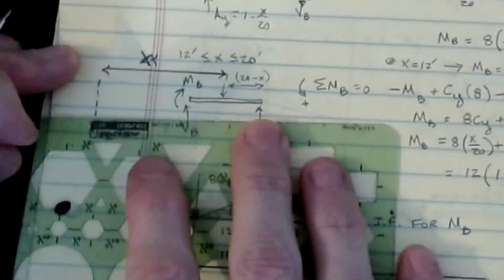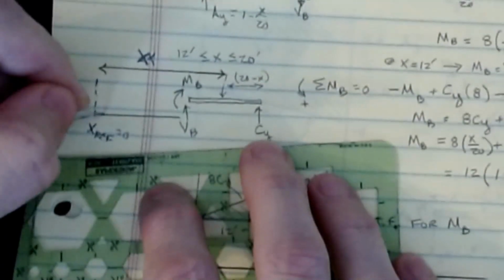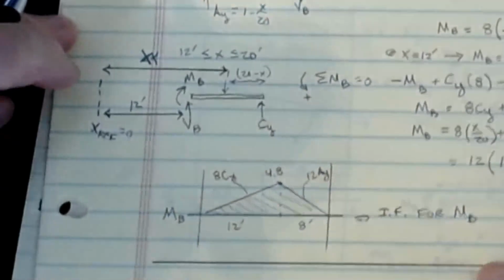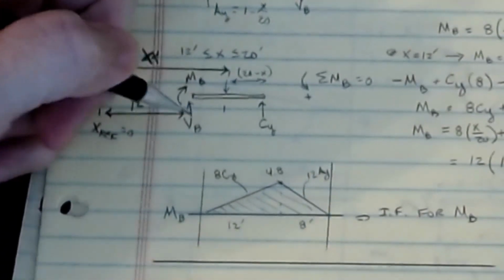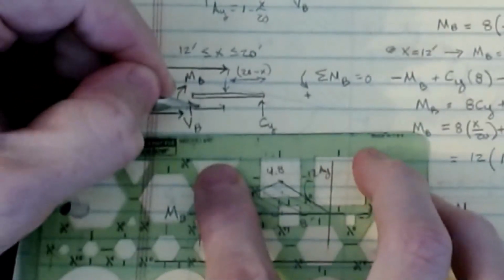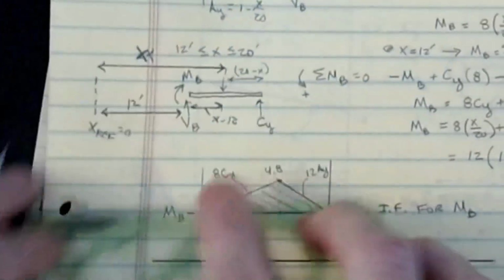Okay, which means then that the distance from here to here, we know that at B, that's 12 feet. Okay, and so that becomes all of our pieces that we have on here. So then the distance here, and the hardest part is kind of getting these distances all figured out, this distance is x minus 12.